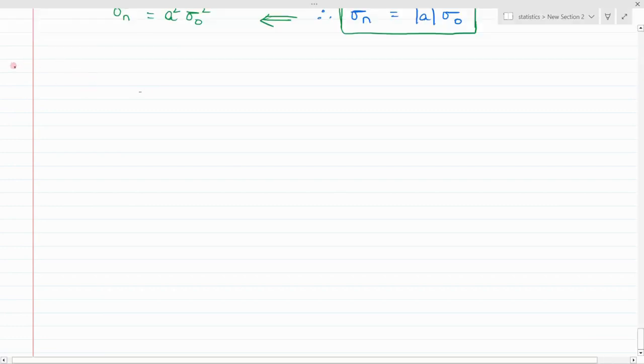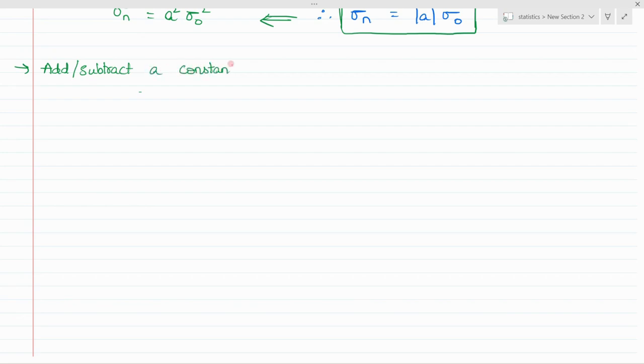So a small recap over here. When we add or subtract a constant, the new mean will be old mean plus constant, and the new standard deviation will be equal to the old standard deviation.